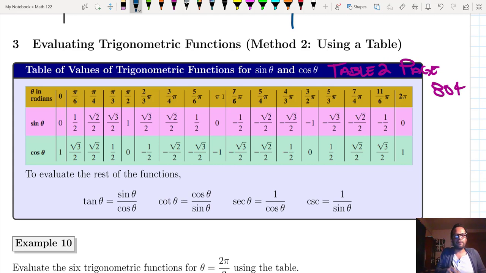And we can use this table to find all sines and cosines. Sines and cosines are given for every single angle in radians. Let's list them all in degrees. This is 30 degrees, this is 45, this is 60, this is 90.